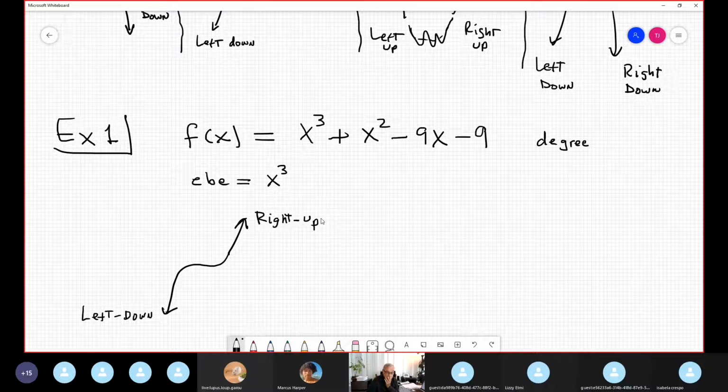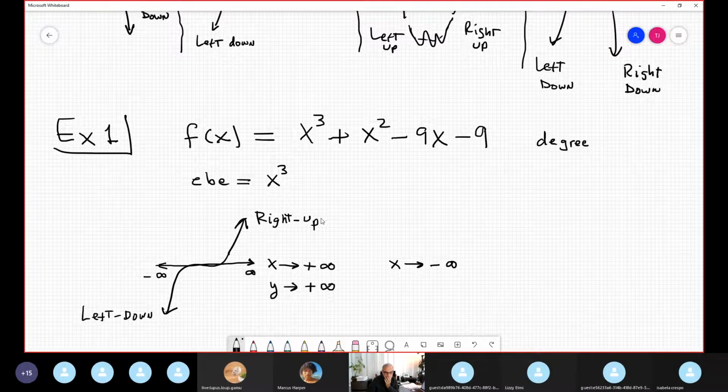Another way to visualize this is to look at when x, because end behavior relates somehow to infinity, no? End behavior is when x approaches positive infinity, or when x approaches negative infinity. Positive infinity is in this direction, negative infinity is in this direction. So what happens with the y value? The y value approaches positive infinity also.